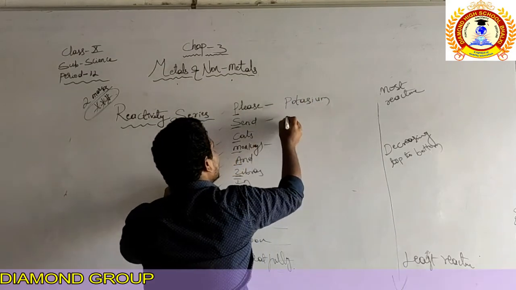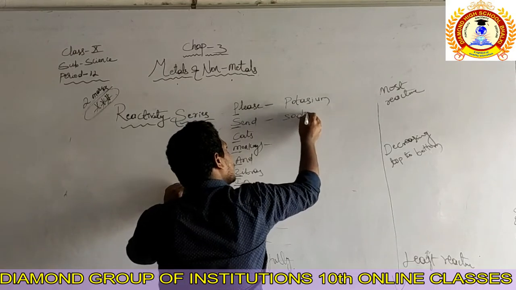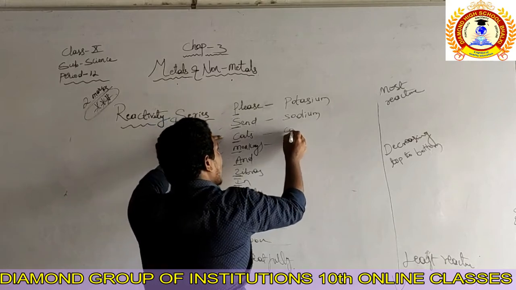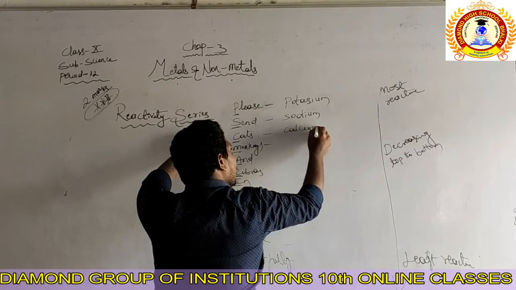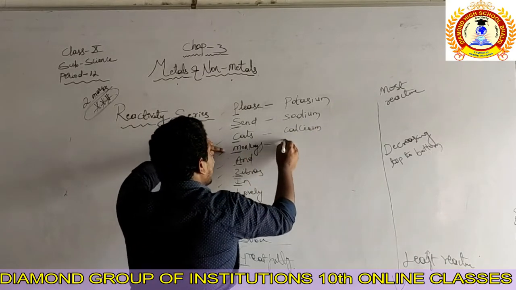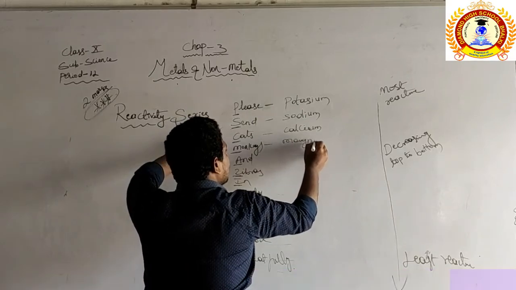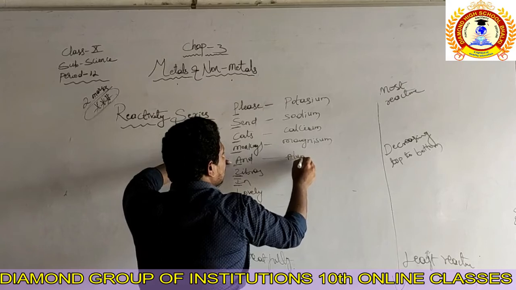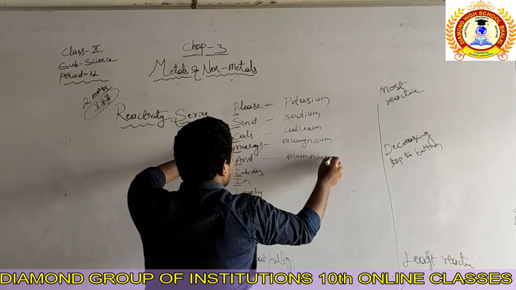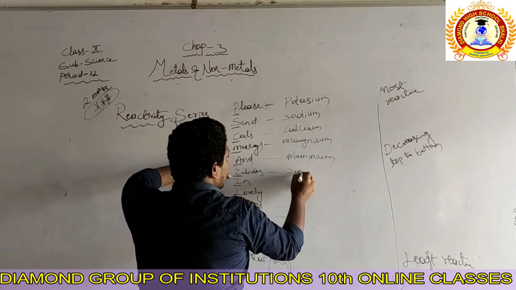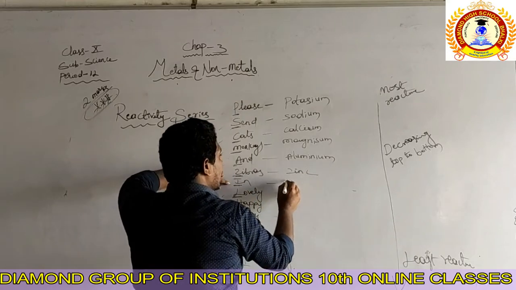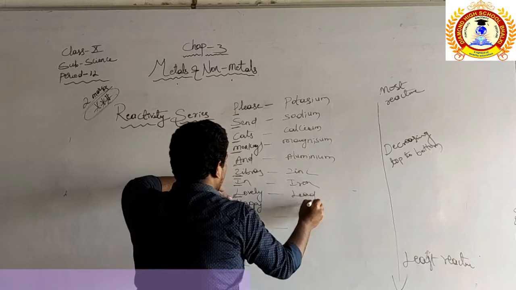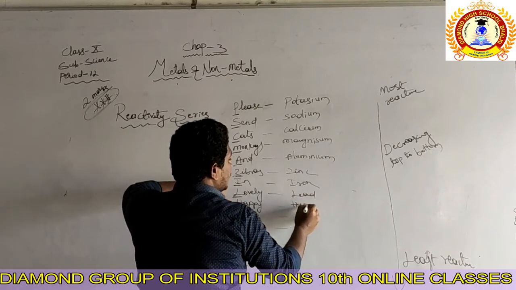S means sodium. Send cat: C means calcium. M means magnesium. A means aluminium. Z means zinc. I means iron. L means lead. H means hydrogen.